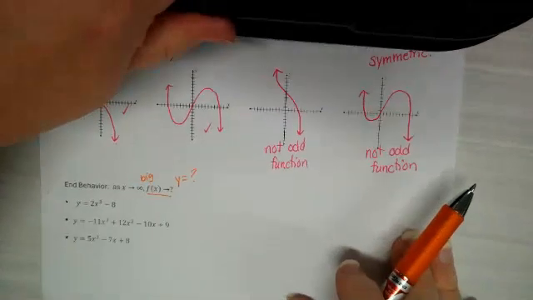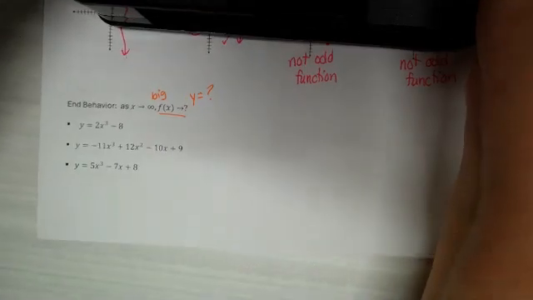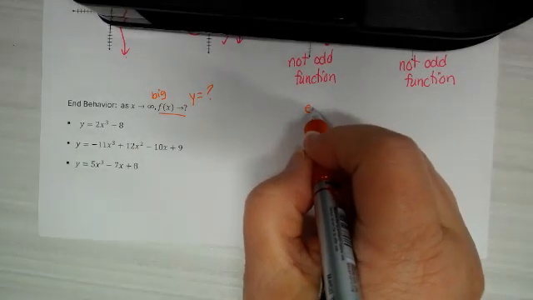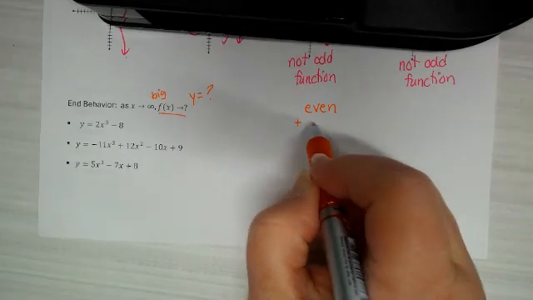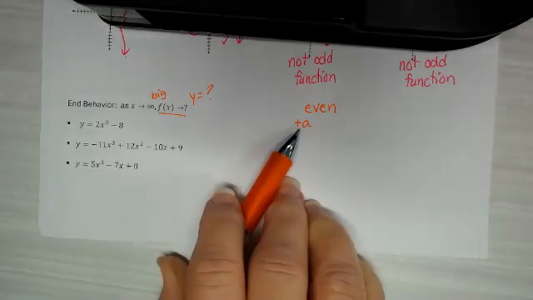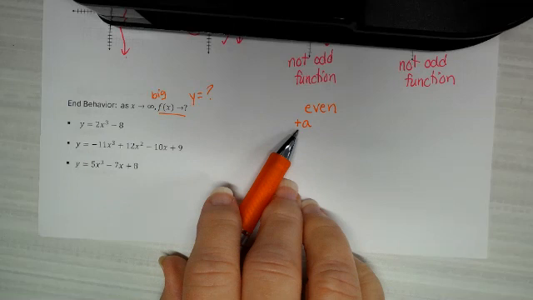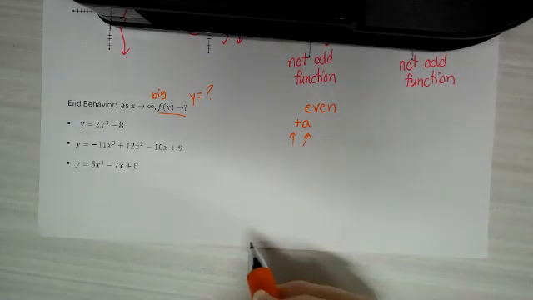Now, how do I tell? Well, here's what we know. An even function, if it's a positive a value, so that very first leading term is positive, it's going up and up.